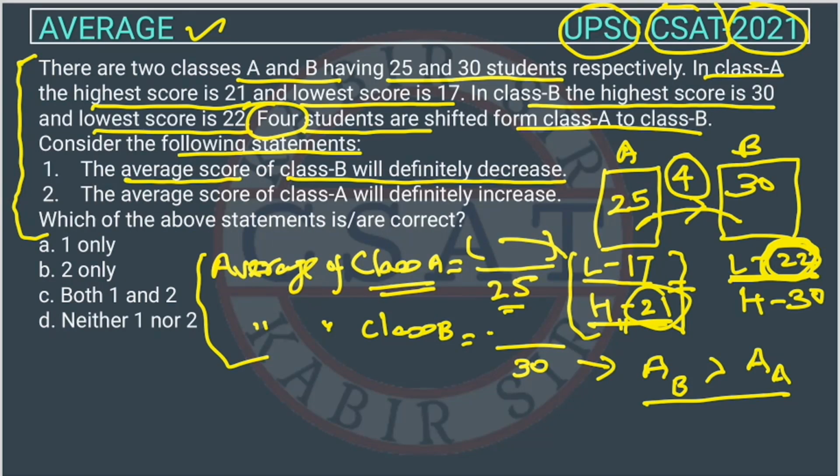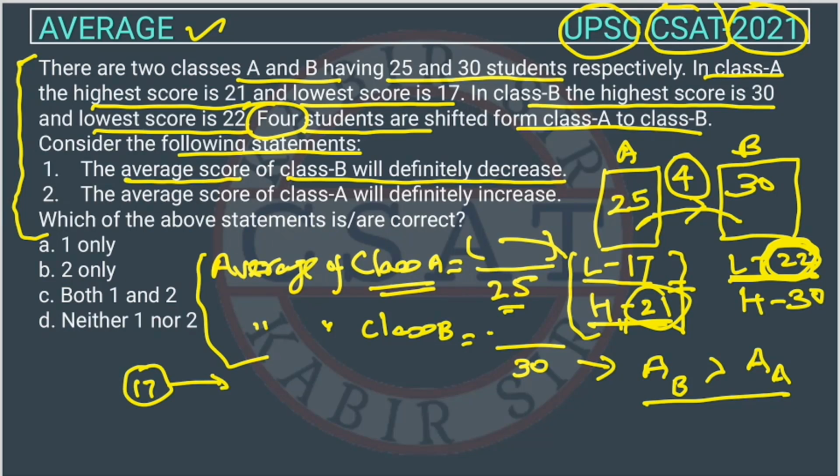But now what is happening? Four students are getting shifted from A to B. So if we assume the students who got shifted from class A to class B have, let's assume, 17 as the minimum marks, right?